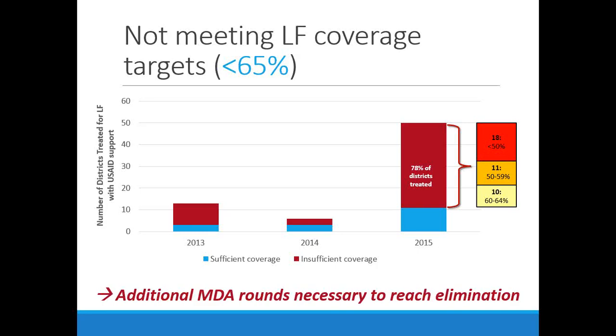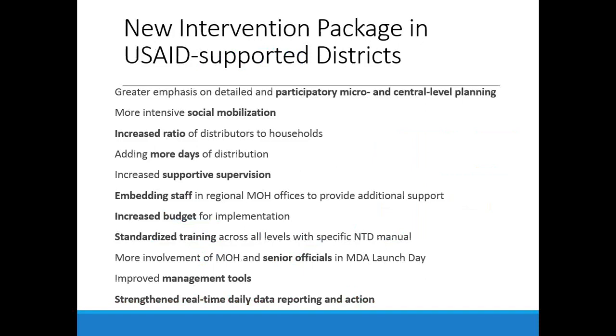Because of this problem, because we had all these challenges and difficulty, an internal technical committee decided to work together and to propose a package to see how we can improve the coverage. So you can see now the different activities that were proposed to improve the performance.